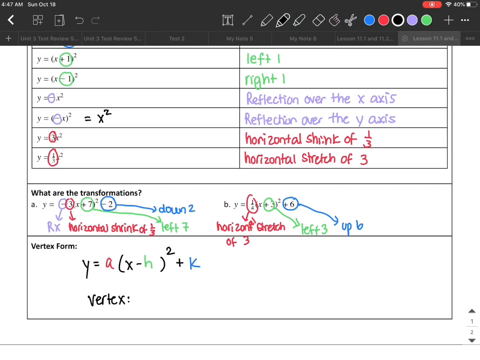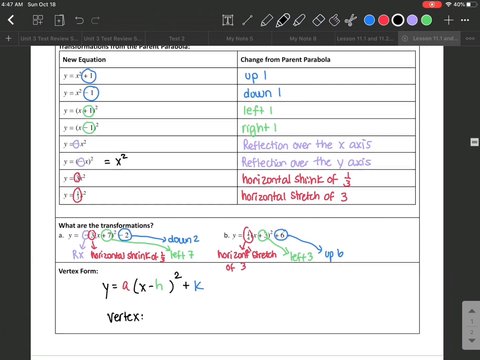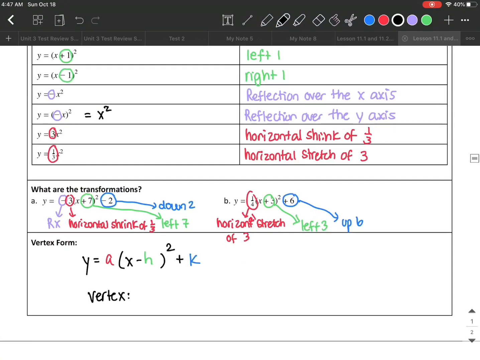Looking at what I just talked about, the number that I'm subtracting, h, is going to be the x value in my vertex, and the number I'm adding on the outside is going to be my k value, so my y value in my vertex. So h is the x value in my vertex and k is the y value, because h is telling me how I'm moving left and right, and k is telling me how I'm moving up and down.